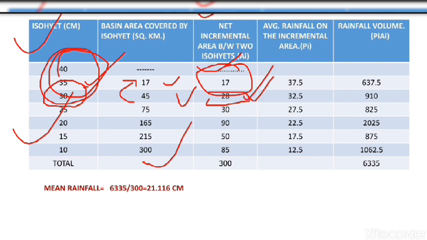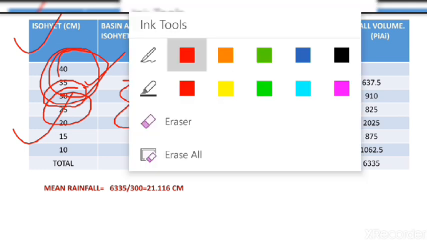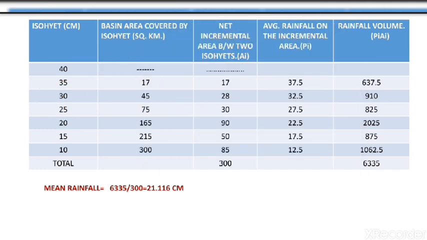Same, the area between 30 and 25 will be 75 minus 45. That means 30. Same, the area between 25 and 20 will be 165 minus 75. It will be 90. Same, the area between 20 and 15 will be 215 minus 165.